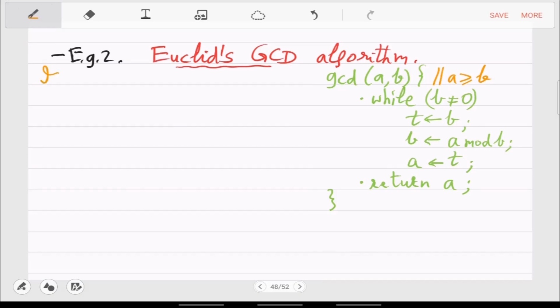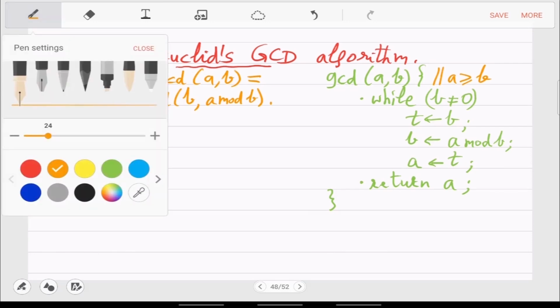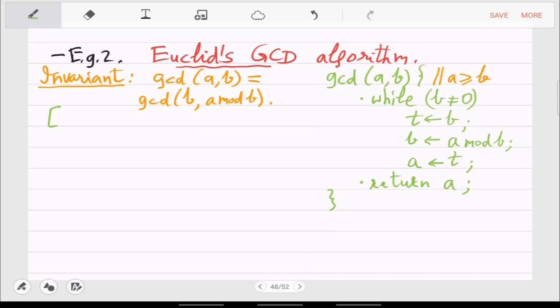So what are the properties here? So the invariant here is that GCD of any two numbers is always equal to the GCD of B and A mod B. Okay, so the way this is proved is, this is actually quite general, so you can write GCD of A and, let's say, QB plus R. In general any number, first one being QB plus R, the GCD of these two is?